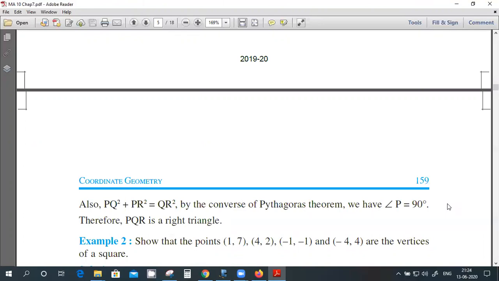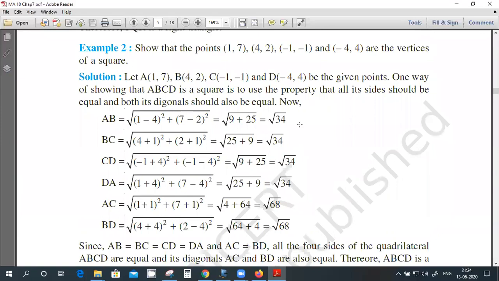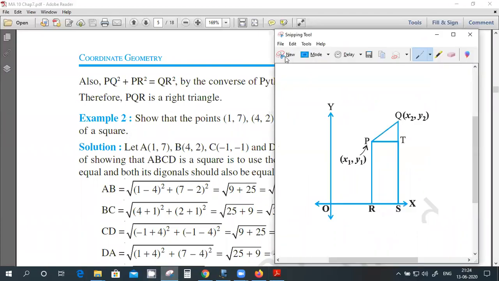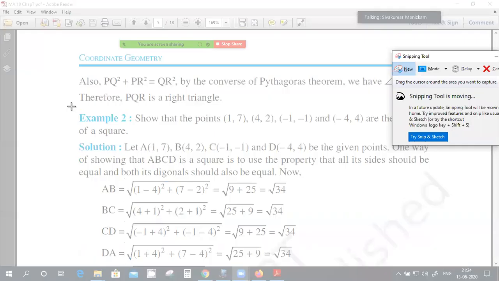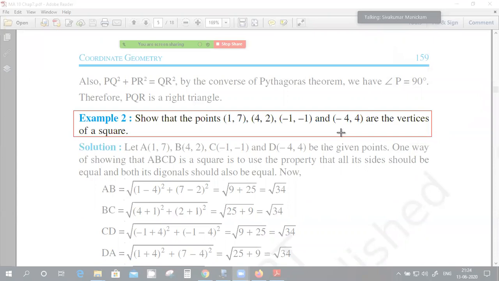So if you find all the distances, they should turn out to be the same. But the last two are diagonals. One thing you can do is draw this figure approximately on the coordinate plane, so that you know whether it's a diagonal or a side.